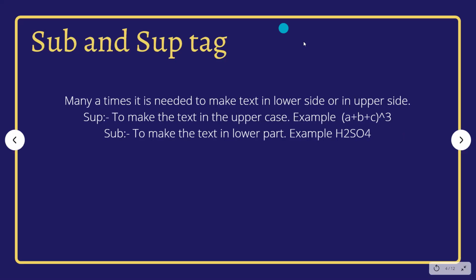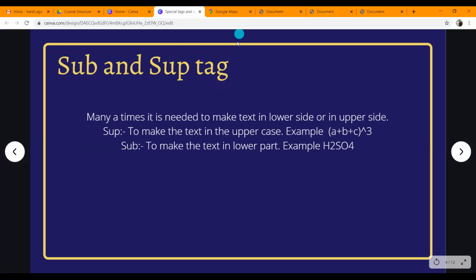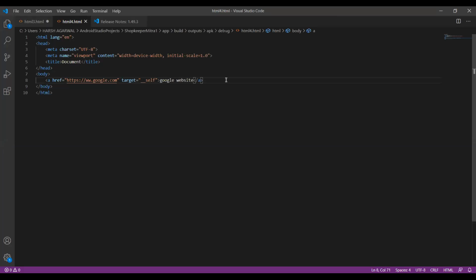So how can we do this? I am just opening my compiler so that we will be able to do this. So here we go. We are using the sup attribute first. I'm writing some content. The content is (A plus B).